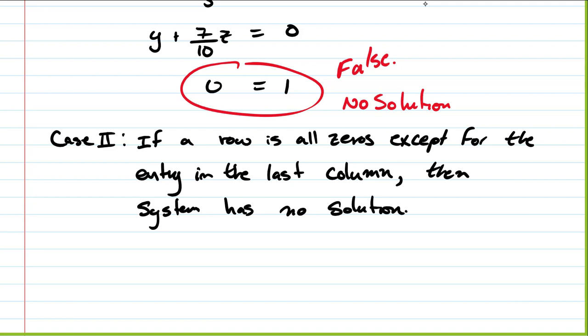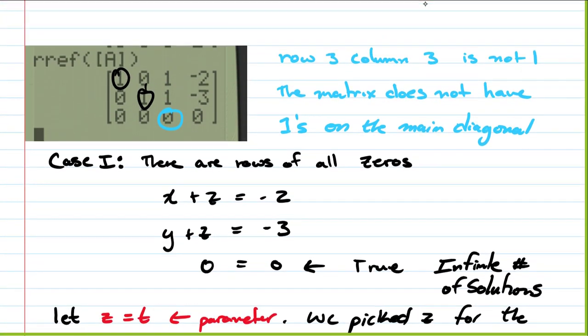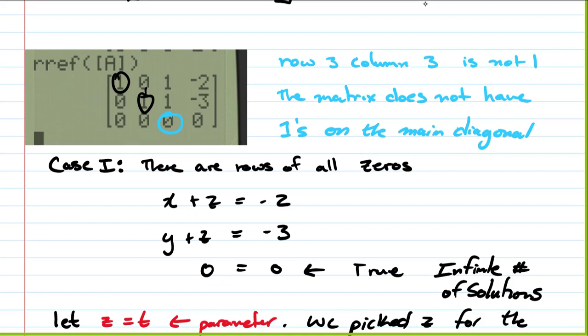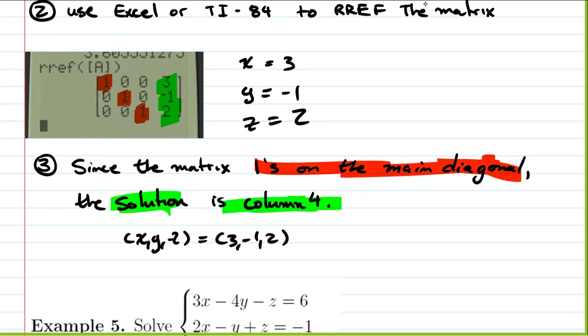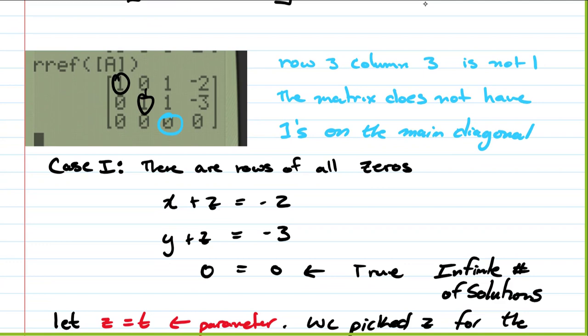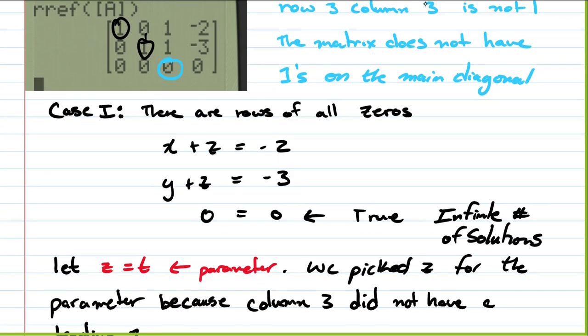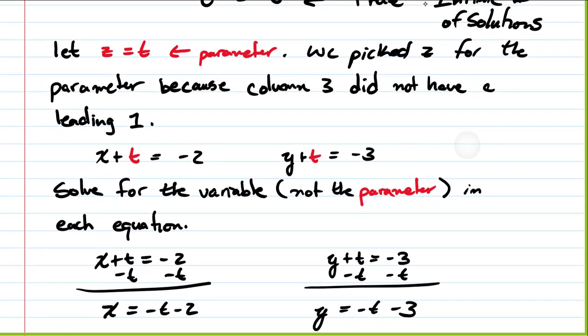So just to summarize the two possibilities, in the case where we don't get ones on the main diagonal, we're going to get something different. If we get ones along the main diagonal, then the solution is just the last column, right? And we're done. If we don't get ones along the main diagonal, and the rows consist entirely of zeros, then we're going to get an infinite number of solutions, and we're going to need to parameterize.